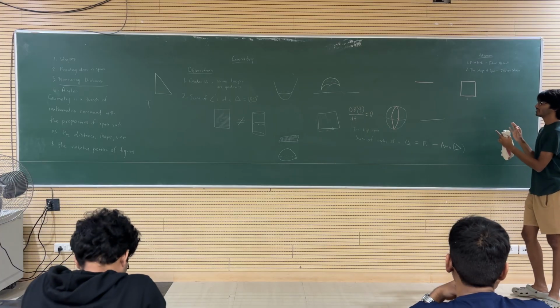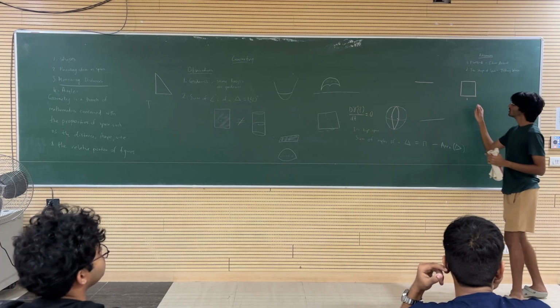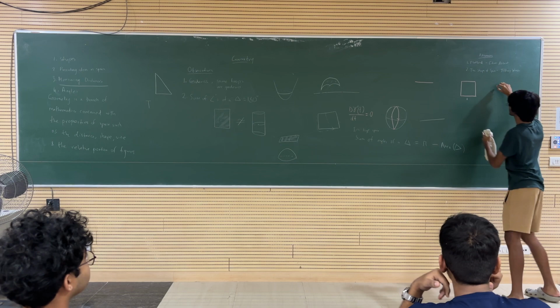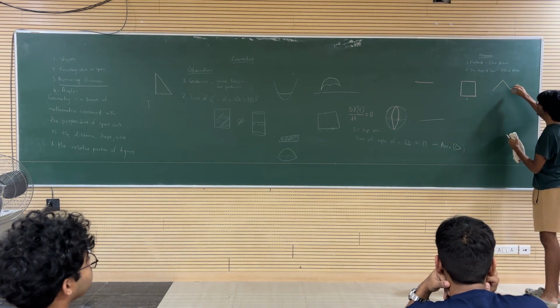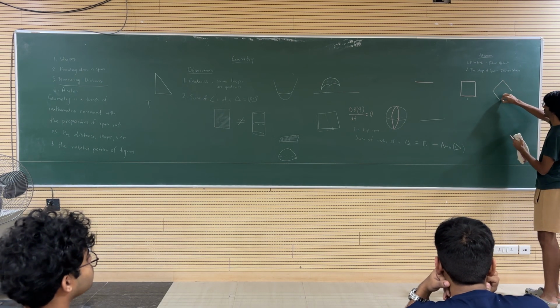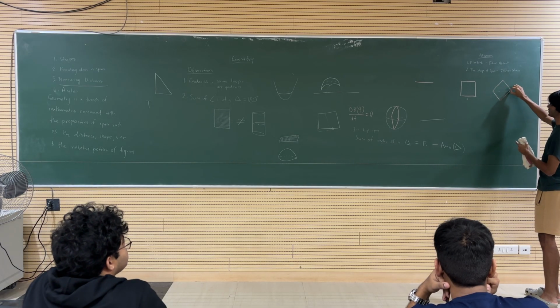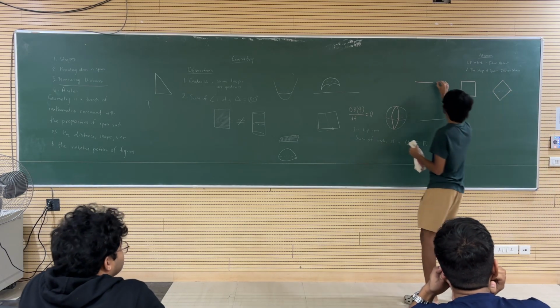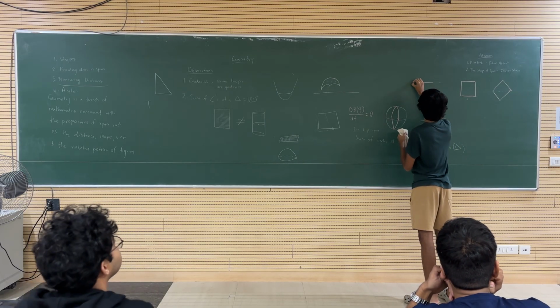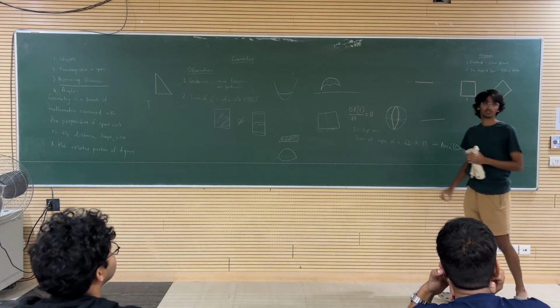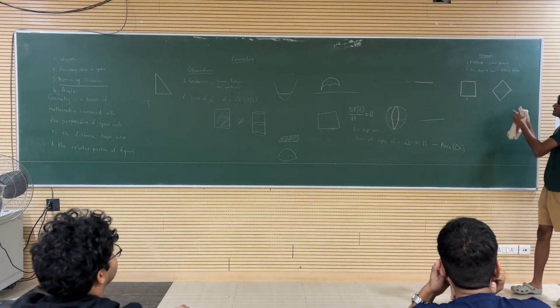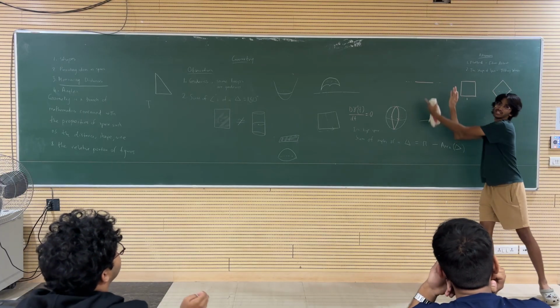But as it rotates counterclockwise, its length will increase. So when it reaches this point, this is what you'll see as its length, which will be √2. And then when it's back in this position, it will shorten again.